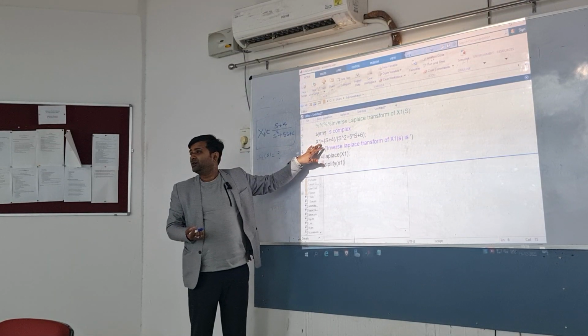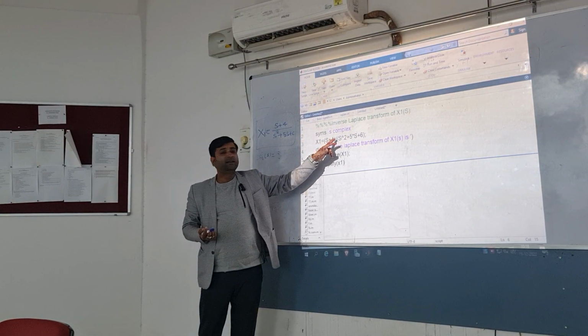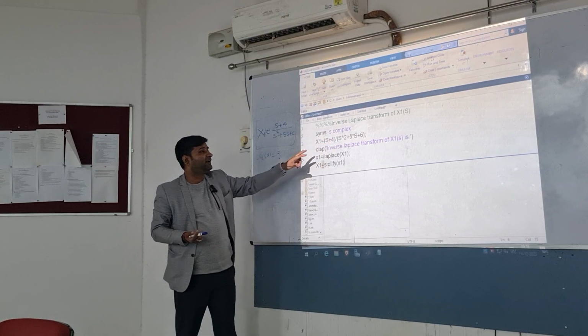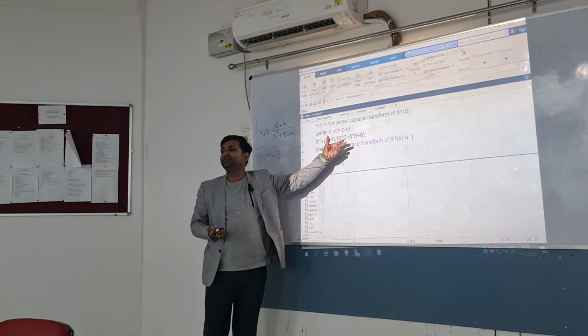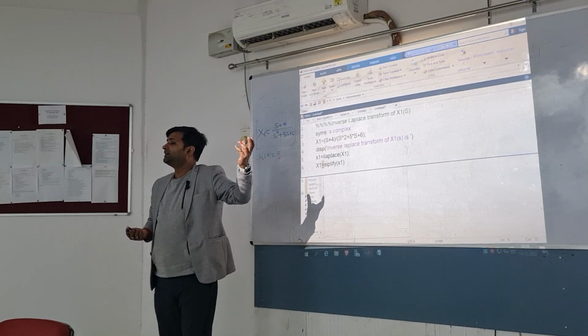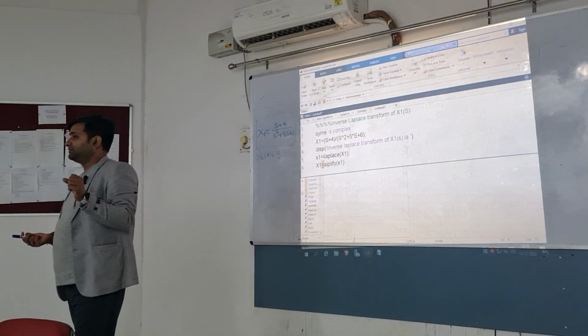Then X1 is equal to (s plus 4) divided by (s square plus 5s plus 6). This is the notation to write the script in MATLAB.